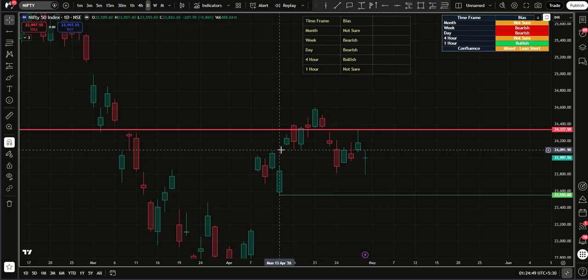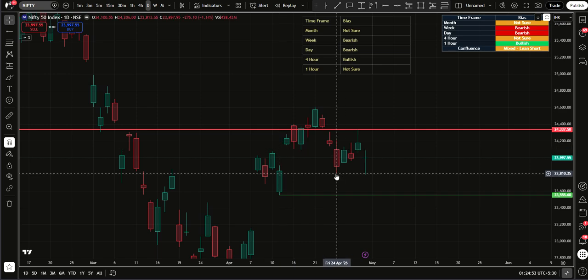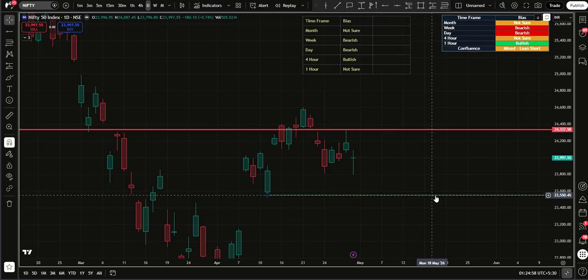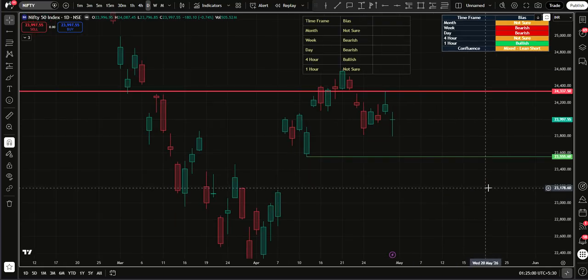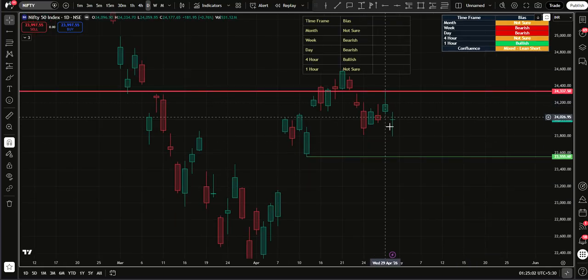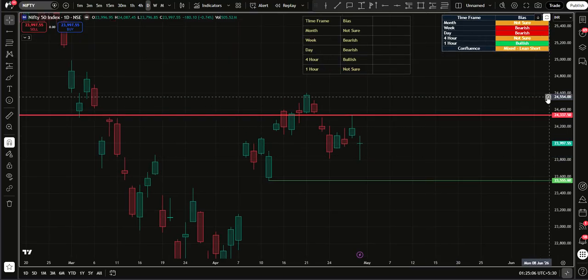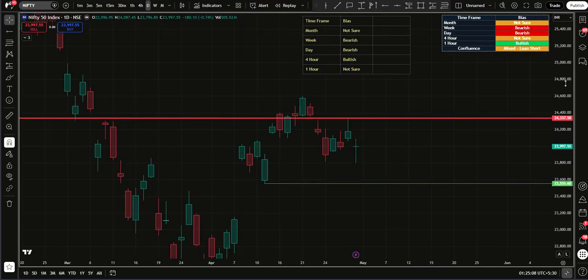I am just looking at the possibility of this being a major low, but that's already taken. So this is the next level of bias, next support, or the next target for this down move if it moves down. So that is it on a daily time frame.